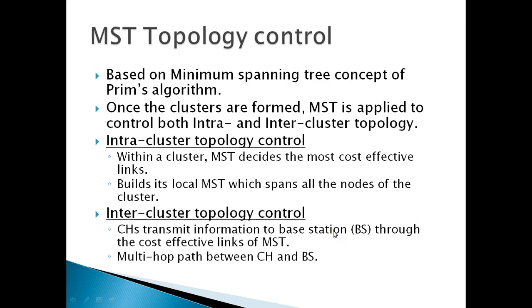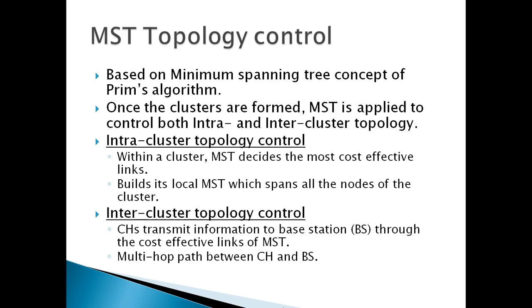So why do we actually need topology control? Topology control is needed so that we pass information with the minimum cost, as I said earlier. This minimum spanning tree is done with Prim's algorithm. It's an algorithm I have applied in the code that I'm going to show you.